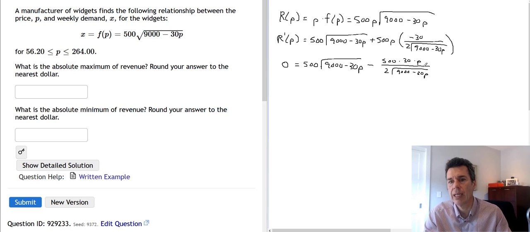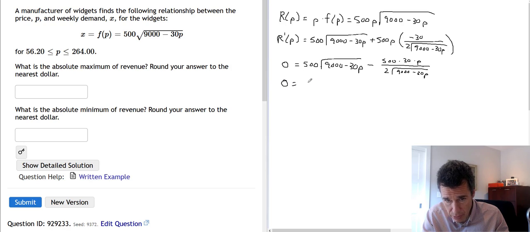Okay, now when we see this, we've got these square roots, which we don't really like, makes it hard to solve. But I can see that if I multiply both sides by square root of 9,000 minus 30p, this square root in the denominator is going to disappear, and this one is just going to become 9,000 minus 30p. At the same time, I'm going to get rid of these 500s by dividing both sides by 500, and we get 0 equals 9,000 minus 30p.